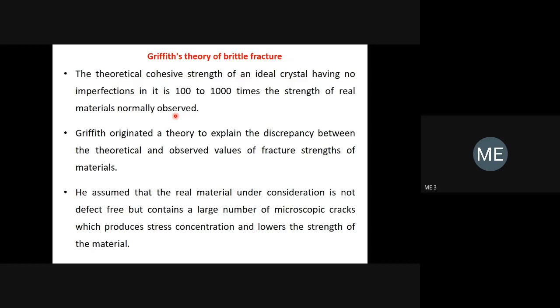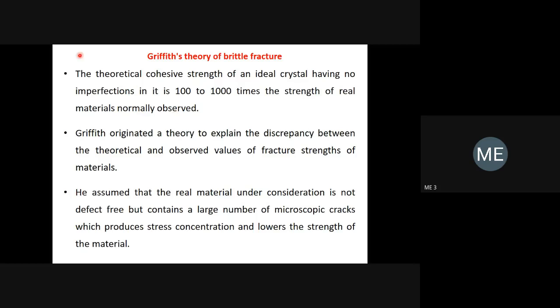That is the practical value. The theoretical value of Young's modulus of steel, if there is no defect, will be around 20,000 GPa. There is a huge difference between the theoretical strength and the practical strength of the material. So Griffith is trying to explain why there is a huge difference between theoretical strength and actual strength of the material.